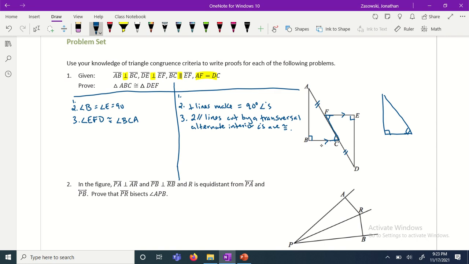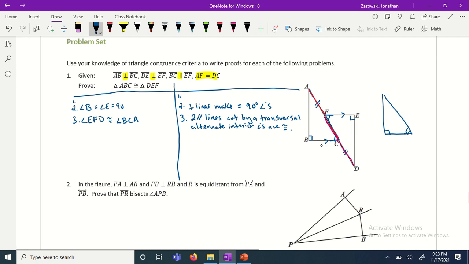But if you notice, this triangle right here is made up of AF, and then this extra piece makes up this whole side, FC. And this side is CD, and then the same extra piece here makes this side FD.